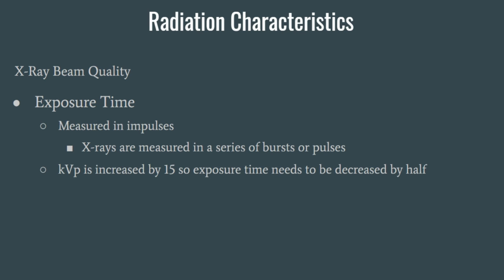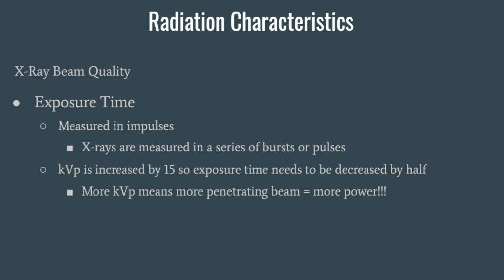And as we increase kVp, so if kVp is increased by 15, exposure time needs to be decreased by half. So again, as we're increasing one, another has to decrease because we need everything to be balanced. More kVp means a more penetrating beam, which means more power.